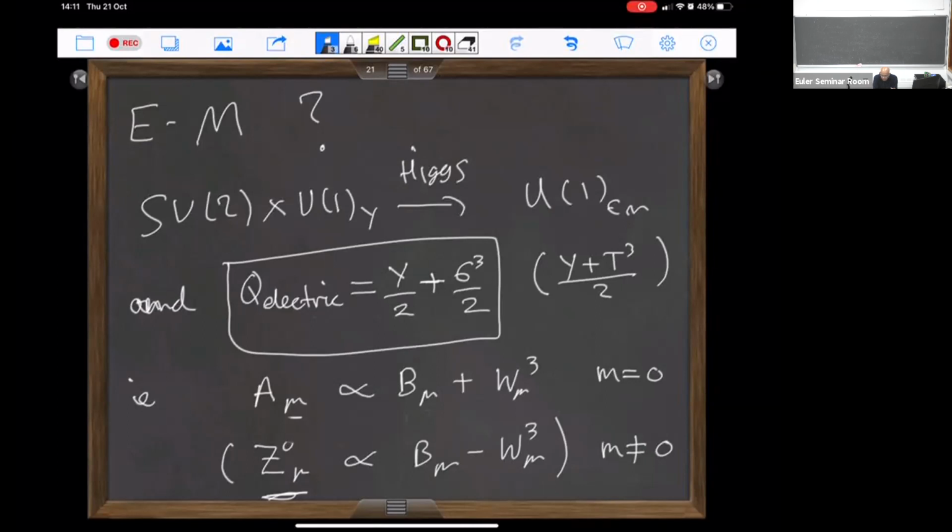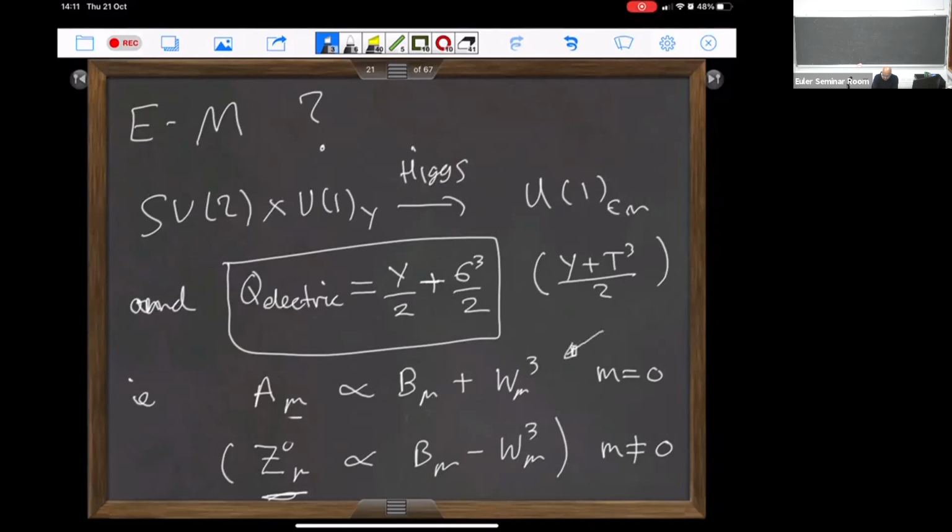And the fact that the U1 electromagnetism is unbroken at the end of the day means that the photon is massless. Whereas the opposite combination is a massive gauge boson, and that's the Z gauge boson.